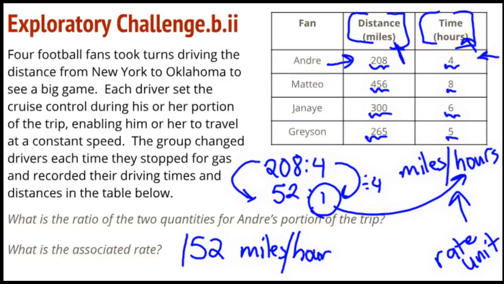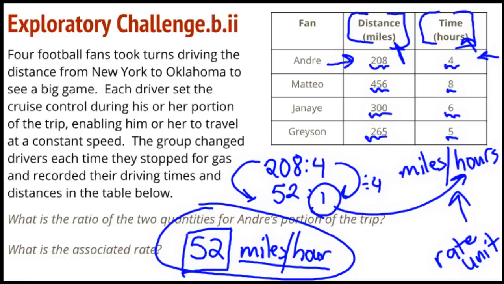And right here, I've got the unit rate, and here I have the rate unit. And all together, this is the rate. 52 miles for 1 hour. We changed the for 1 to the word per. 52 miles per hour.